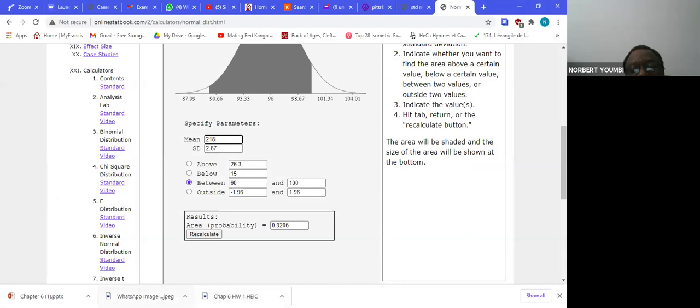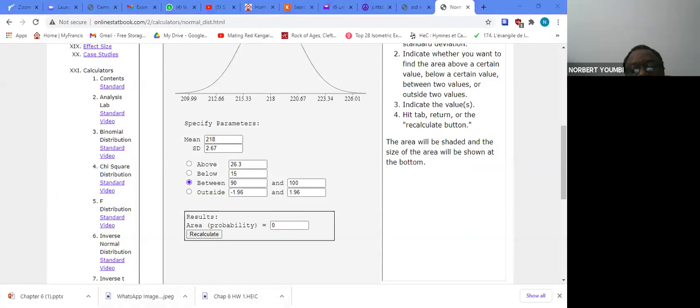218.4 is the mean. The standard deviation is 25. We want to find the probability that the amount consumed is less than 224. Below 224.